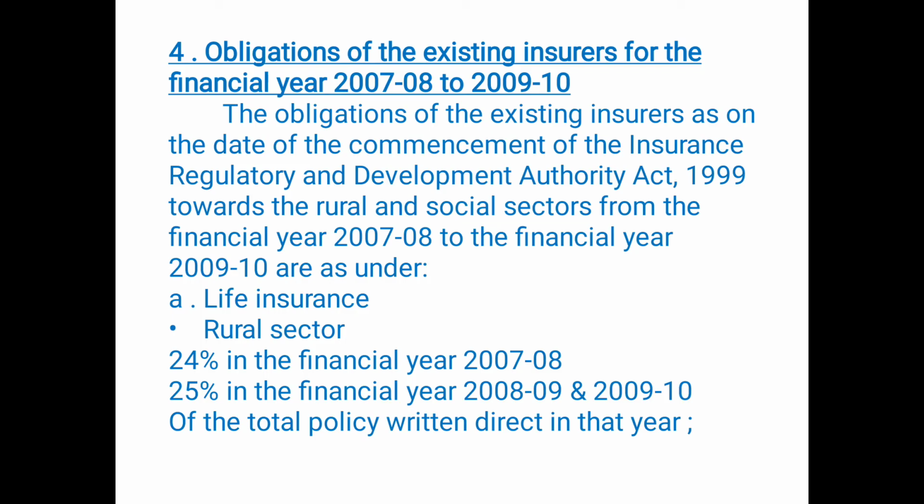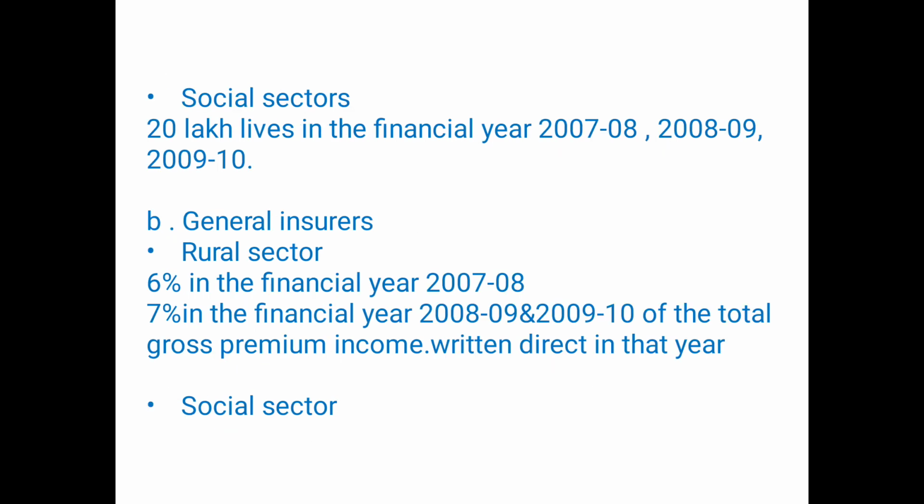In that, first one, life insurance: under life insurance, the rural sector and social sector are different. Under the rural sector, 24% in the financial year 2007-8 and 25% in the financial years 2008-9 and 2009-10 of the total policies written direct in that year. Next, social sector, 20 lakh lives in the financial years 2007-8, 2008-9 and 2009-10.